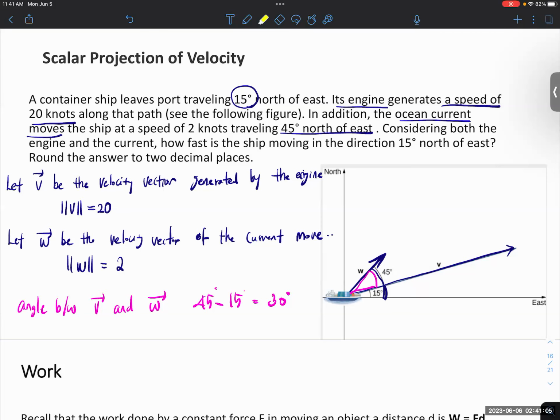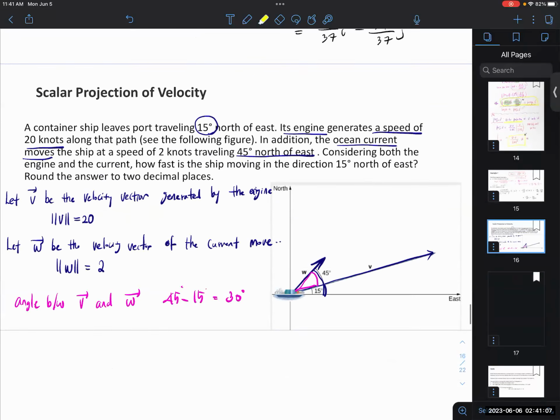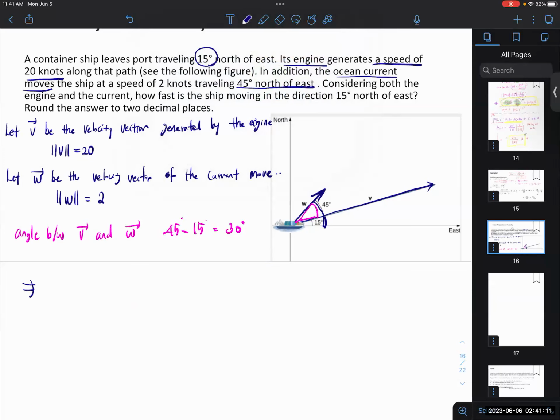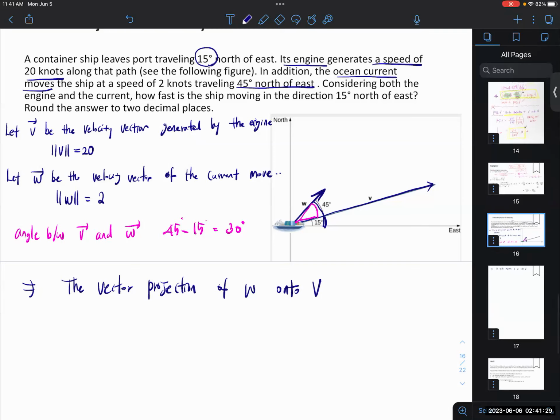So in this question, we're looking for the vector projection of W onto V. They're looking for this amount, the red one here.